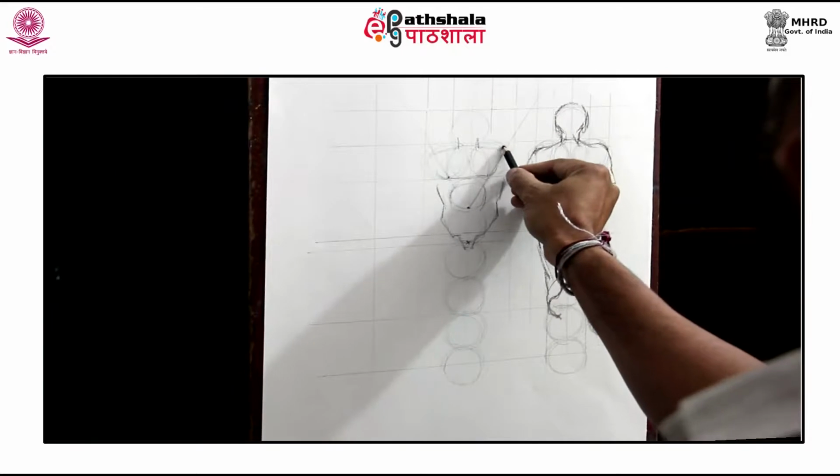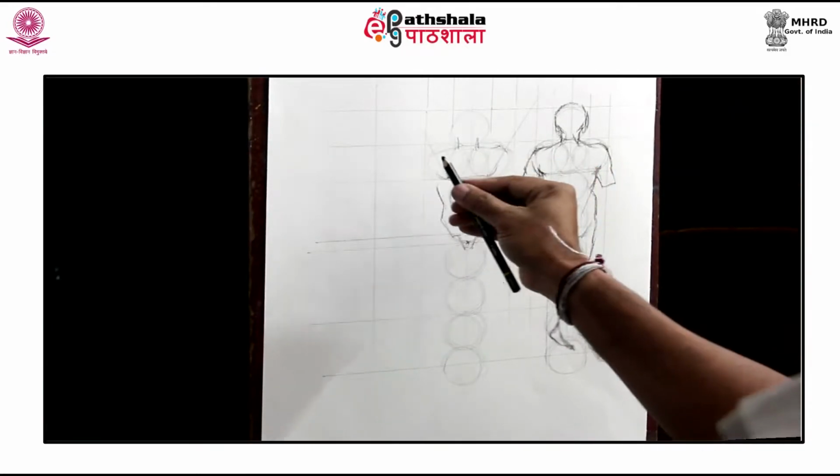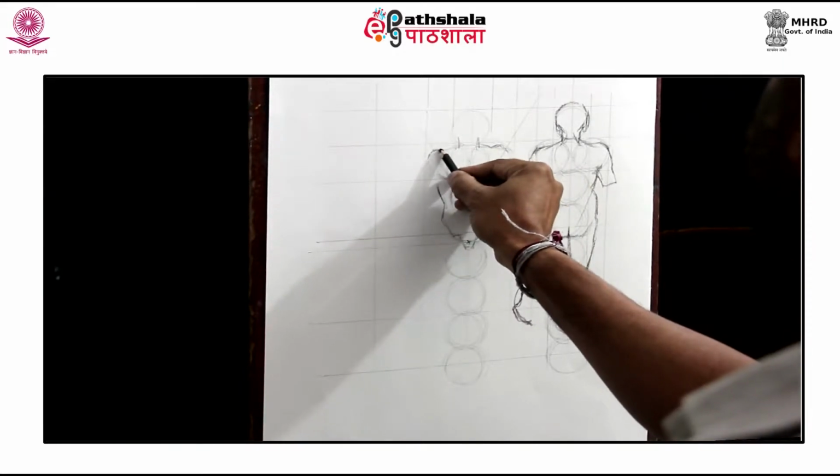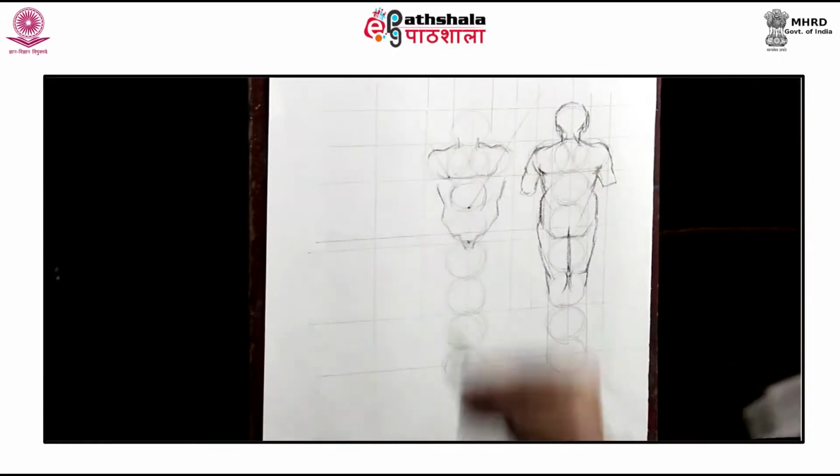He draws upper arms on the first drawing, which is the front side of the figure, adjacent to the center of the rib cage triangle.